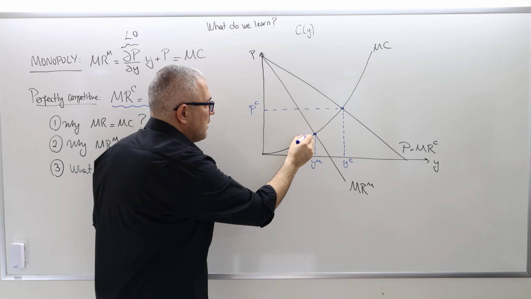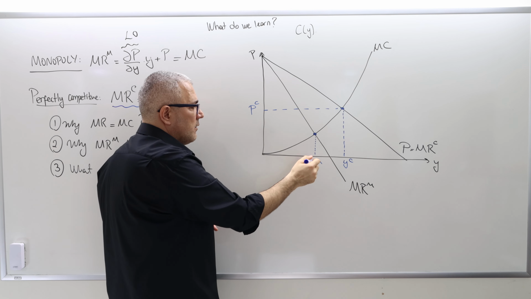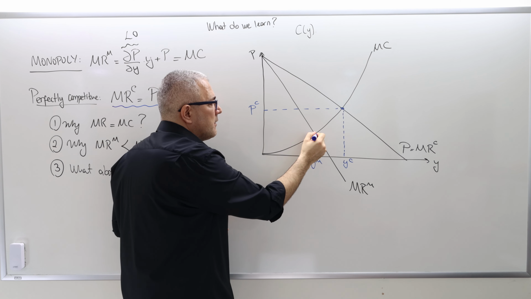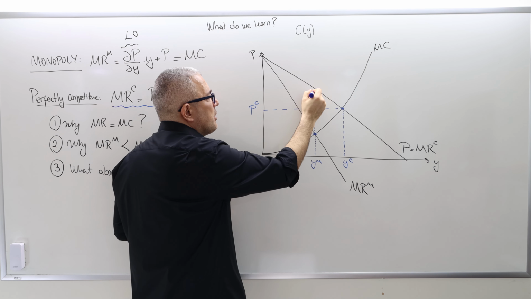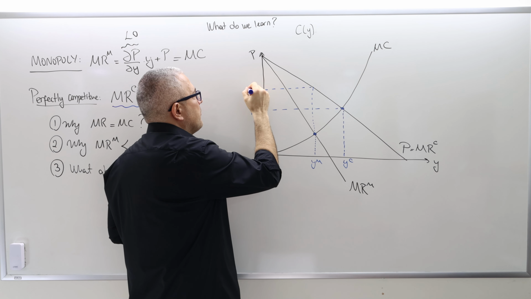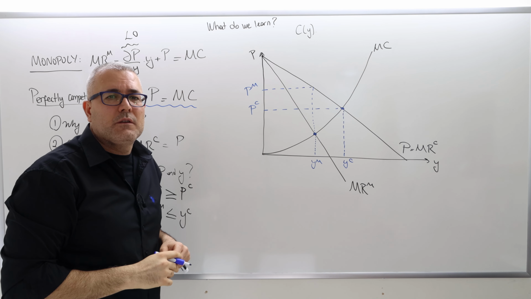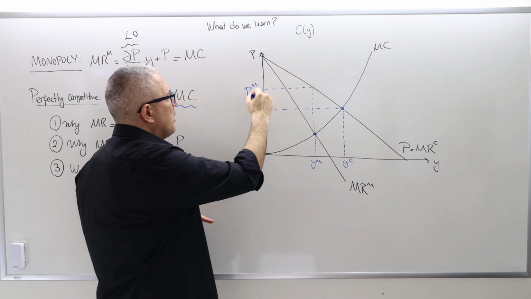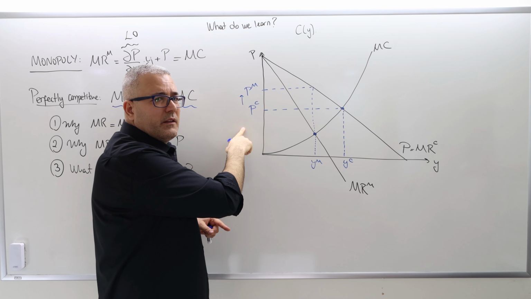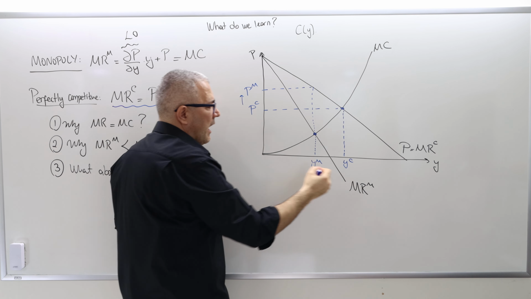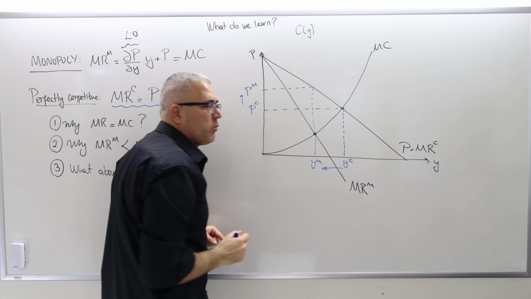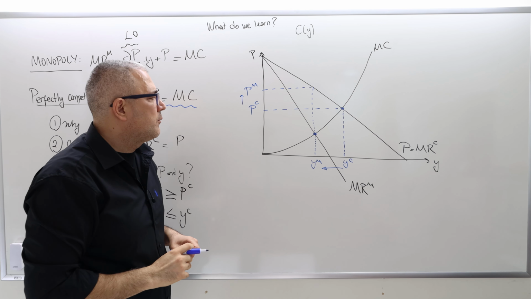And what about the price? This isn't the price, okay? If this is the output, the monopolist can charge a very high price. So this is the monopolist price. As you see, the monopolist price is higher than the competitive firm's price, and the monopolist output is lower than the competitive equilibrium output.